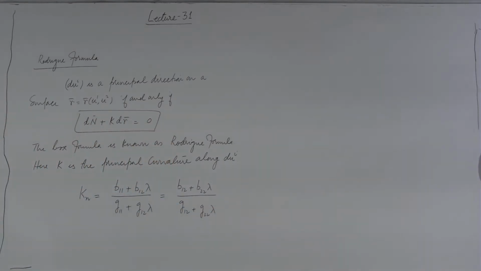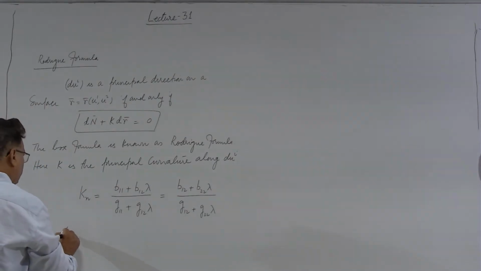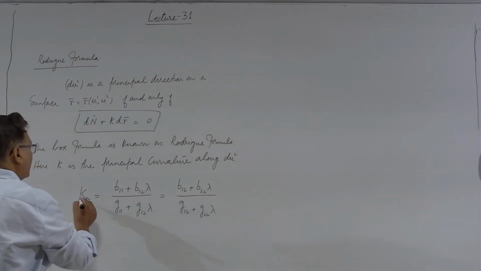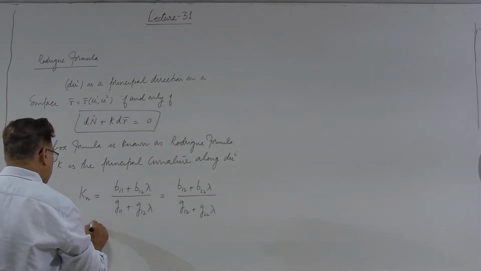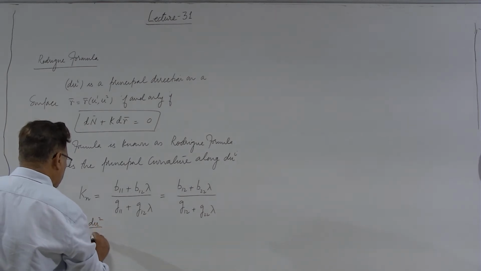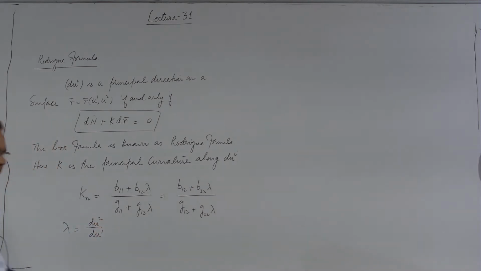This expression we had got for the principal curvature. While establishing this relationship, we had assumed that derivative of kn with respect to lambda is 0. So, this kn is actually the principal curvature, and the symbol lambda stands for the direction along which this curvature is considered. So, this is du2 over du1.